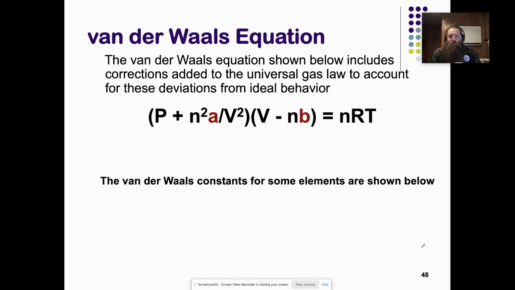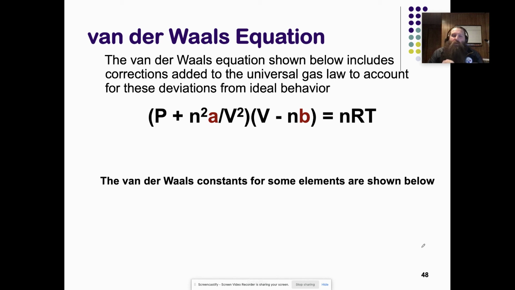Now, there is a version of the PV equals nRT equation, of the ideal gas equation, that accounts for this, and it's called the van der Waals equation. Now, you do not have to memorize this equation. I want you to know it exists. I want you to see me use it. You don't have to memorize it. It would likely be an answer to a test question, though, like which equation accounts for the real behavior of gas? Well, that would be the van der Waals equation, okay?